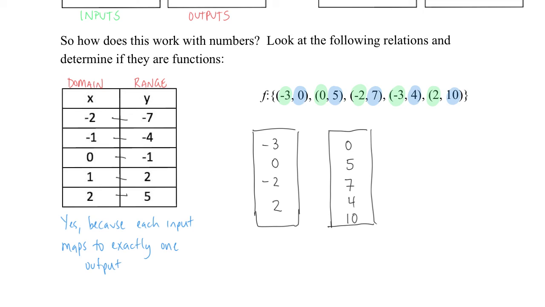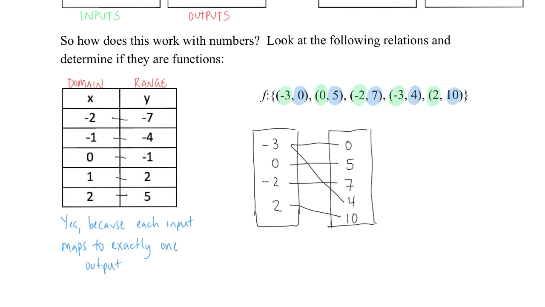Now let's do the assignment. If I go down the line here, -3 goes with 0, 0 goes with 5, -2 goes with 7, -3 also goes with 4, and 2 goes with 10. If you look right here, this makes this not a function. The input -3 has two outputs.